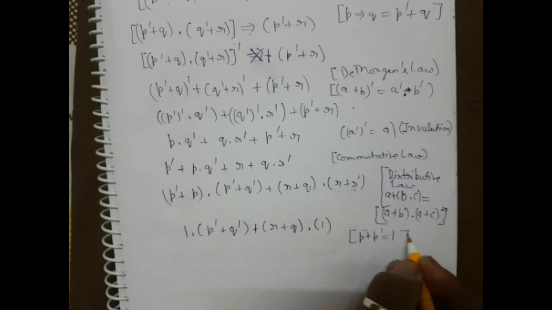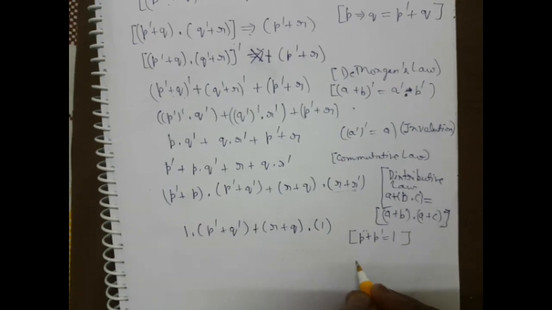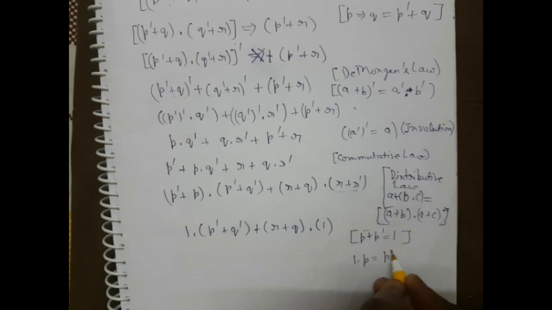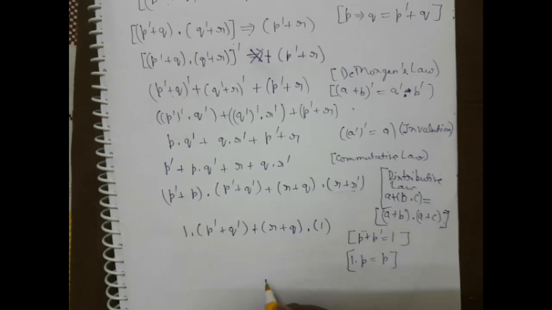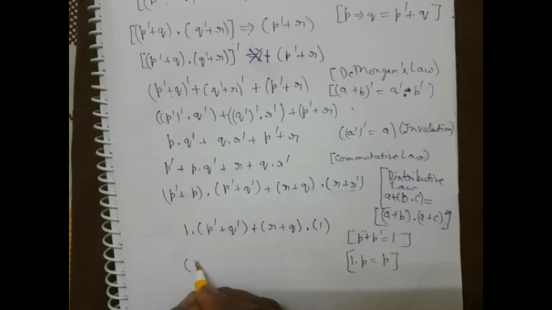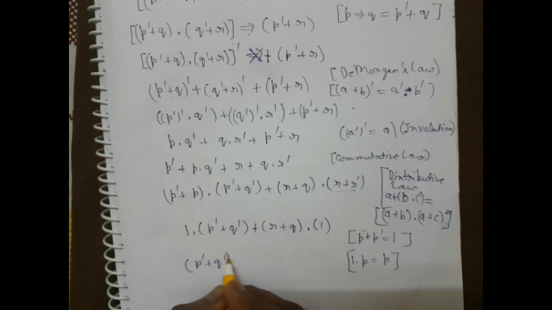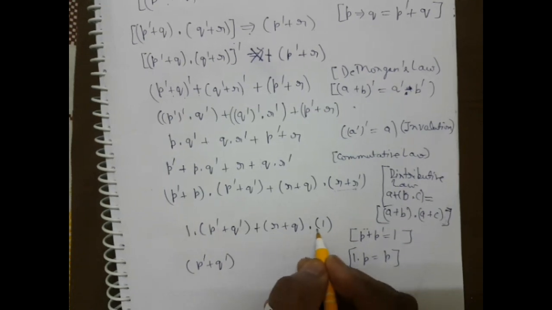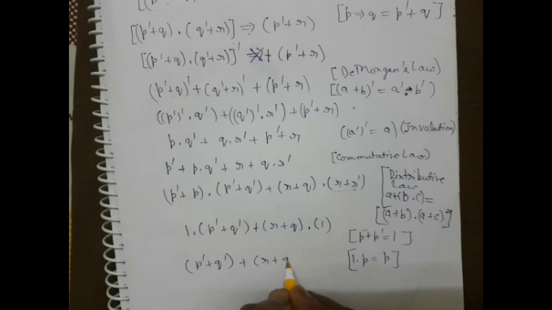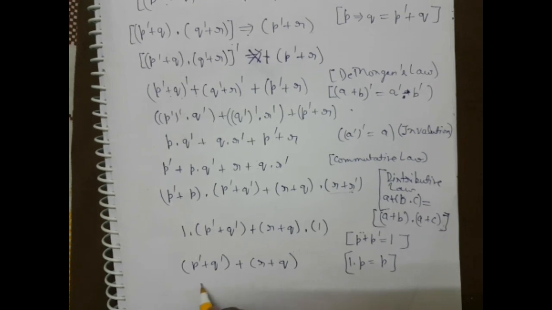Now the property of 1: 1 dot P equals P. Simple. So here it will be P dash plus Q dash, and R plus Q dot 1 is going to produce R plus Q.